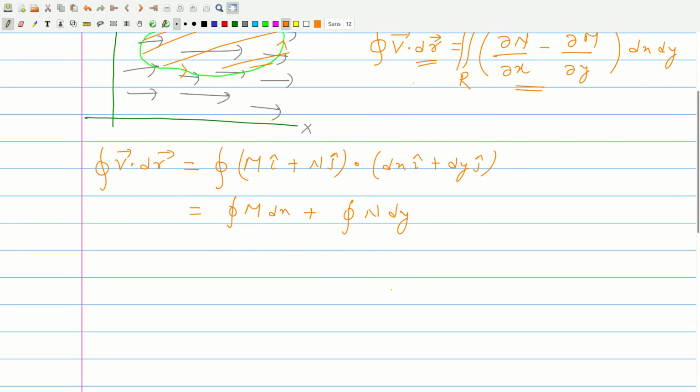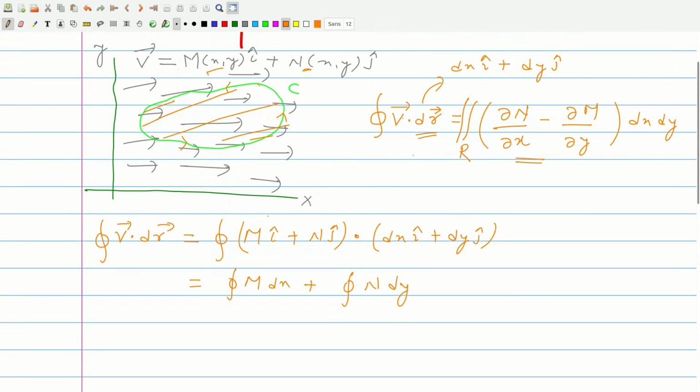Now the question is how to find the integral of M dx. M dx is nothing but the line integral of M along this curve. Let's suppose x goes from here to here.